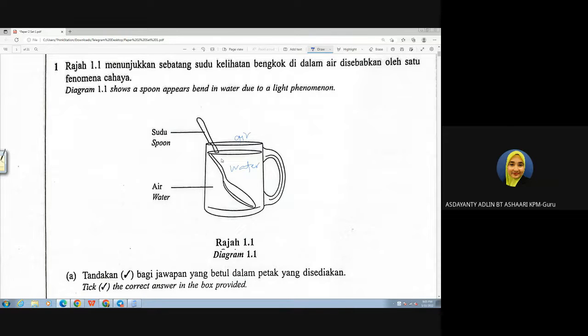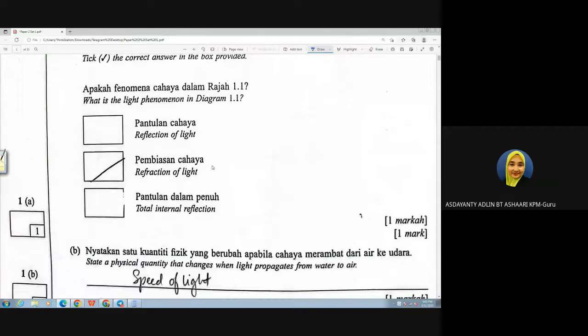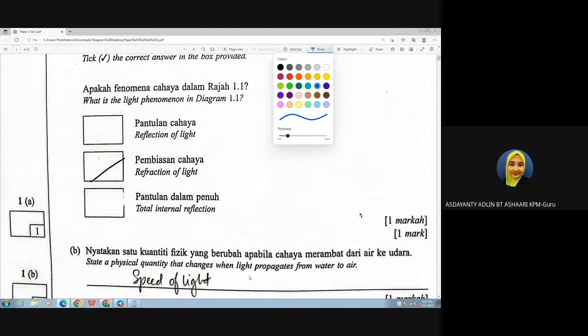So the question says, state a physical quantity that changes when the light propagates from water to air. So the answer is speed of light. The jawapan dia adalah speed of light. The physical quantity, what is a physical quantity?